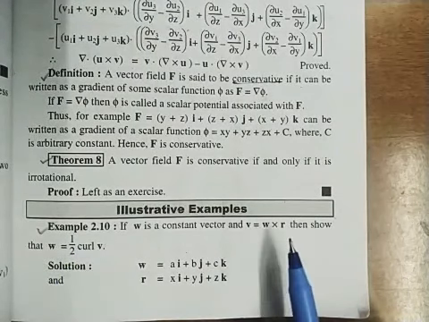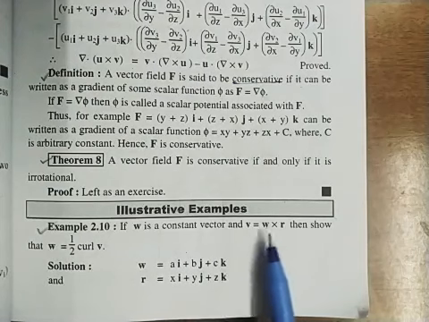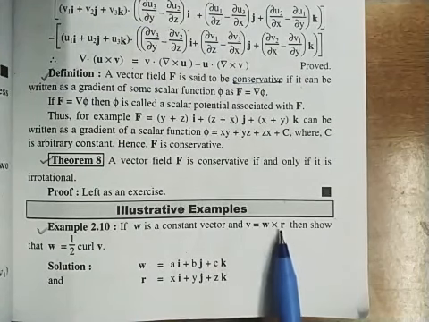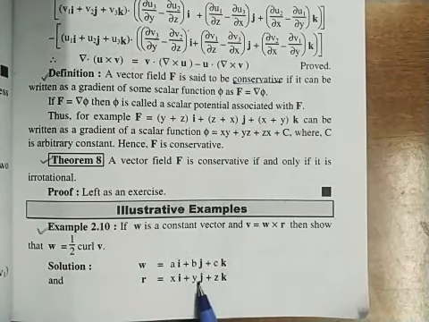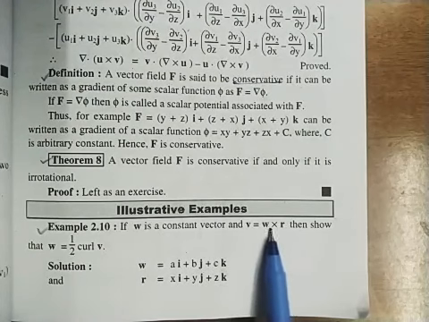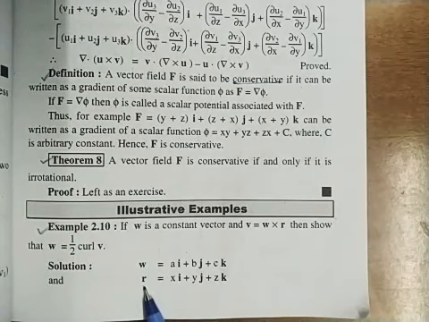Now let us see, here w is a vector. So in the solution, let us take w as ai plus bj plus ck, and let us take this r as xi plus yj plus zk. Now what is v? v is the cross product of w and r. So we apply the cross product of w and r, then we get vector v, okay? Then we will find curl of v.